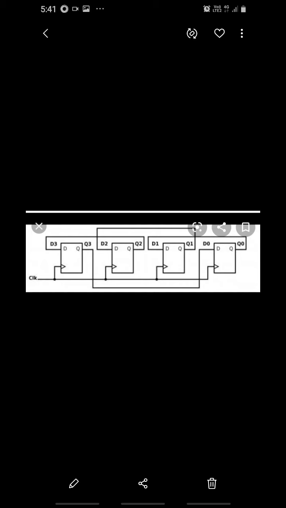The Q2 output of the third flip-flop is connected to the D1 input of the second flip-flop, and the Q1 output of the second flip-flop is connected to the D0 input of the first flip-flop. The data is outputted from the Q0 terminal of the first flip-flop.